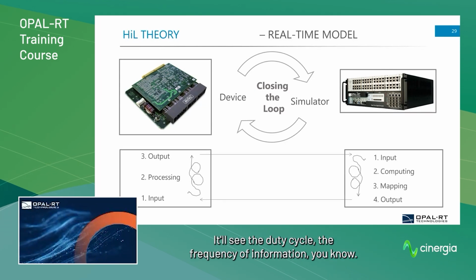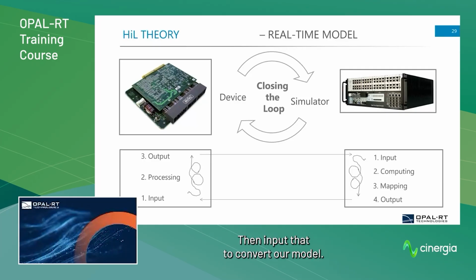It'll see the duty cycle, the frequency, all the information. It'll then input that to your inverter model, and it will calculate, okay, if this inverter is receiving this PWM, this is how it's going to respond. It's then going to map those signals to the output, so the physical world. The math happens on the CPU, and then it has to map them to an SFP channel, an analog channel, a digital channel, and then output those signals.